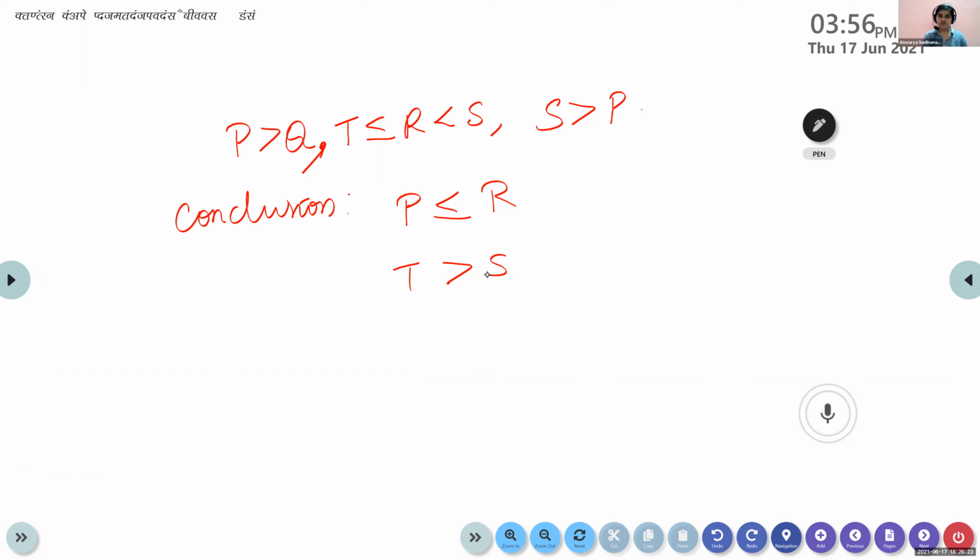And the first conclusion is true. First one is true. Okay. What about the others? Is it correct? P is less than or equal to R. You check your answer, Aishwarya, once again. You listen, but can you connect these two? P is less than or equal to R, less than S, and S is greater than P.